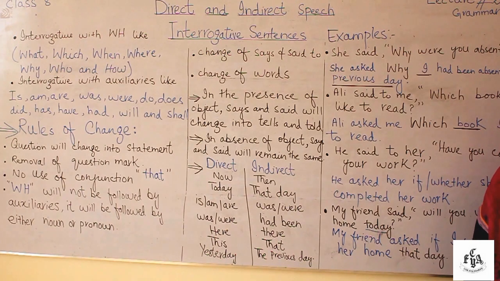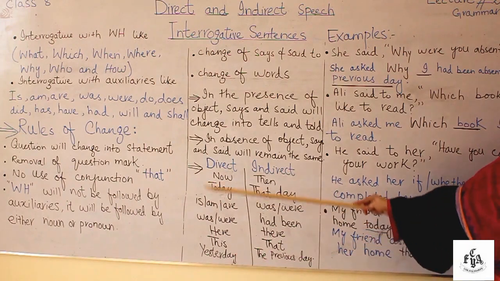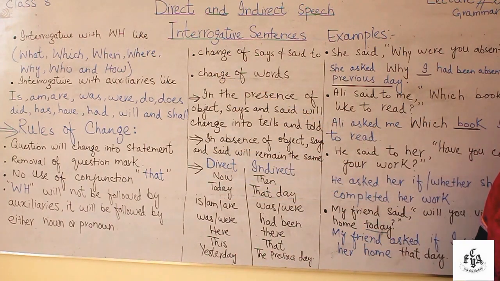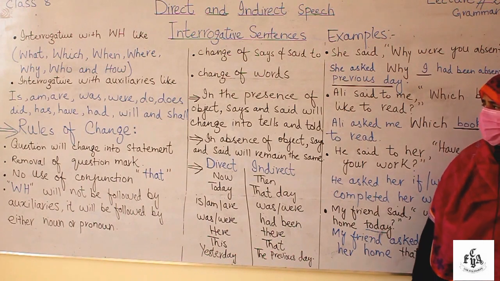Now they have different rules for changing. First, we are going to discuss in detail interrogative with WH. There are some basic changes while we are changing interrogative with WH.